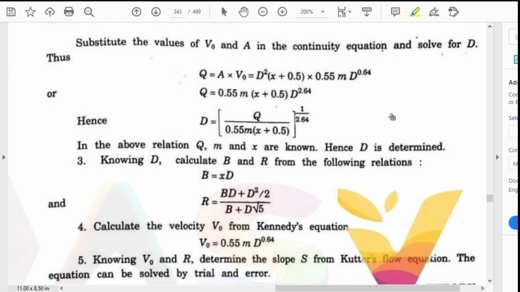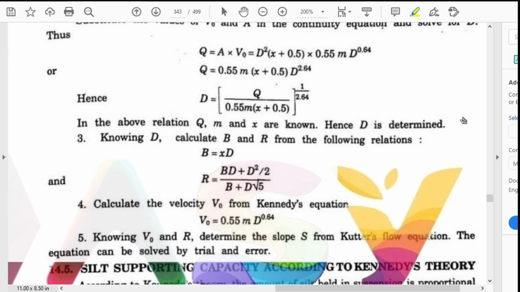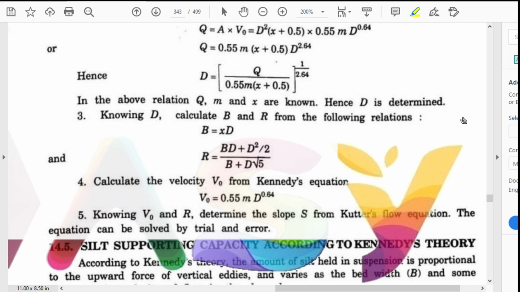Area we found in terms of D, velocity found in terms of D. So the only unknown quantity here is D, and the known quantities are Q, x and m. So whatever value comes will be the value of depth. We have got the depth value.